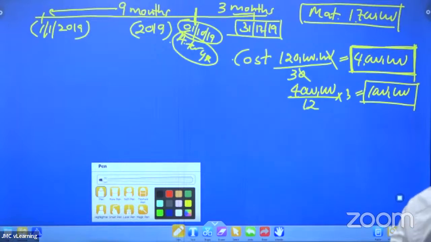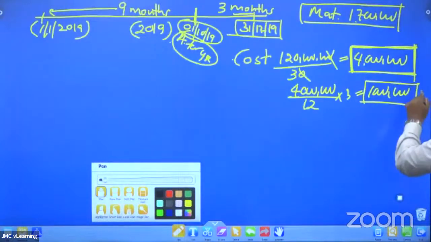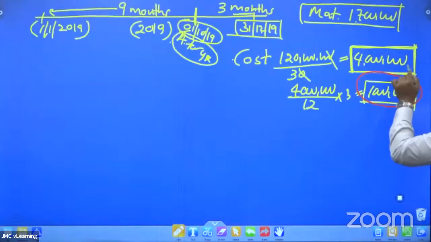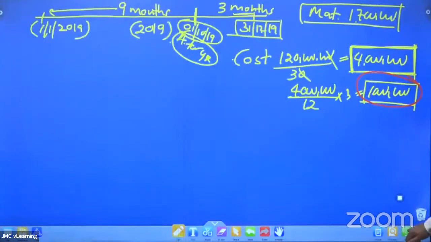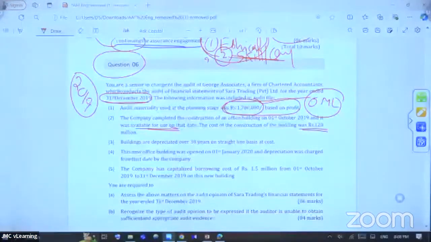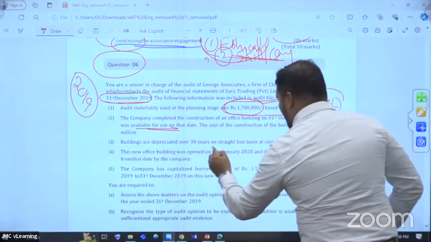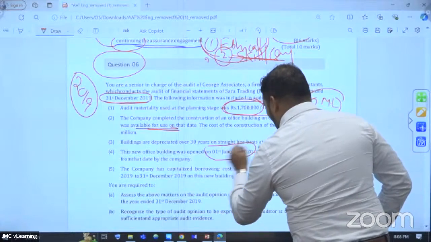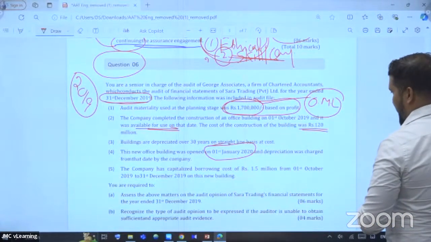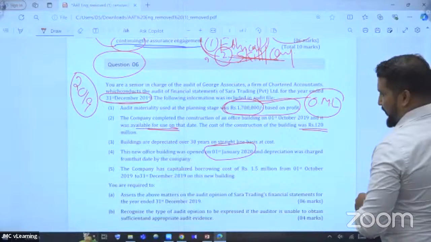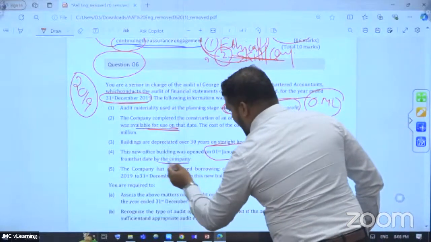For a period of 3 months, the depreciation should be 1 million. So we'll move forward. The new office building was opened on 1st of January 2020, and depreciation was charged from that date by the company.